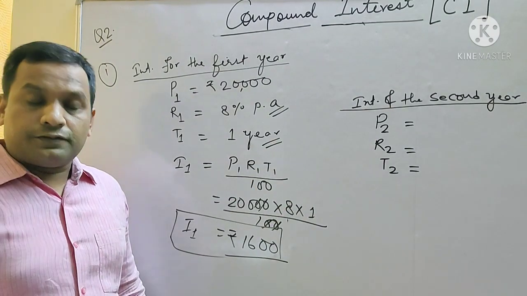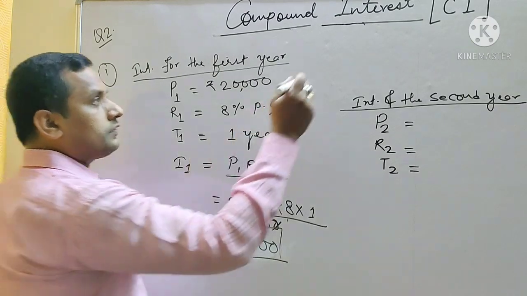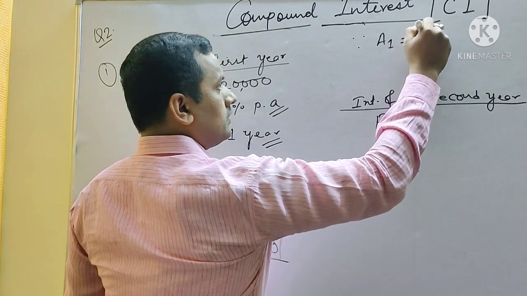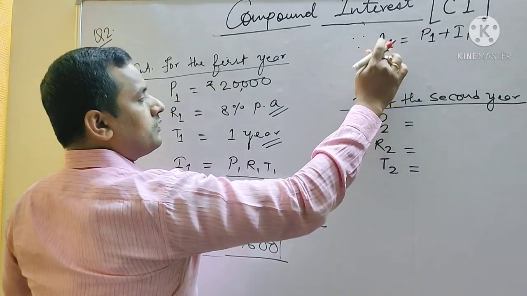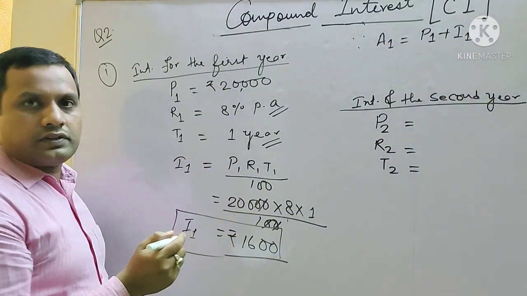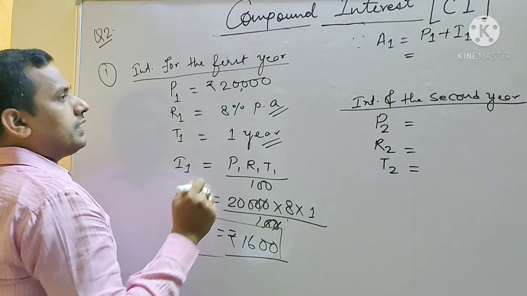Since we are calculating the CI, first of all we will find the amount of the first year, which will be P1 plus I1. If we are finding the amount of the first year, then both principal and interest will be of the same year.